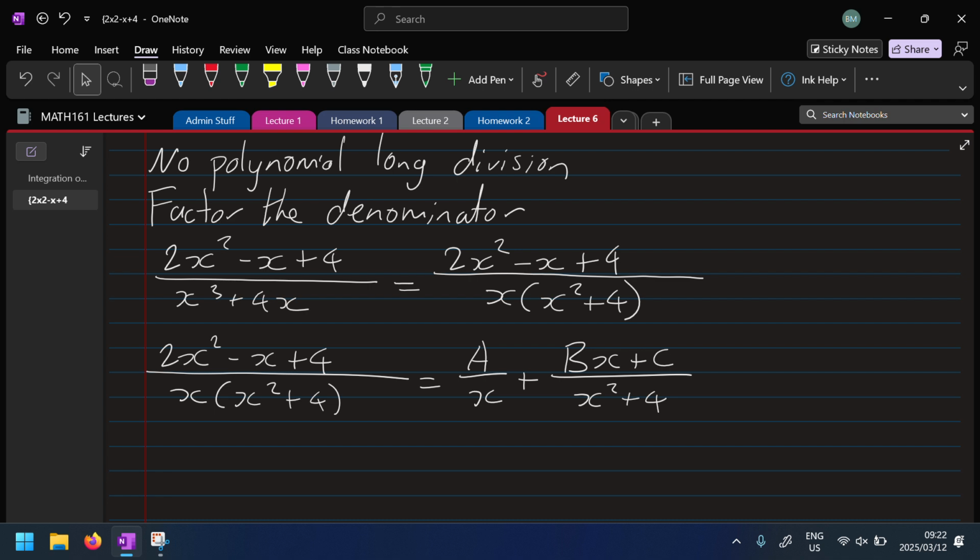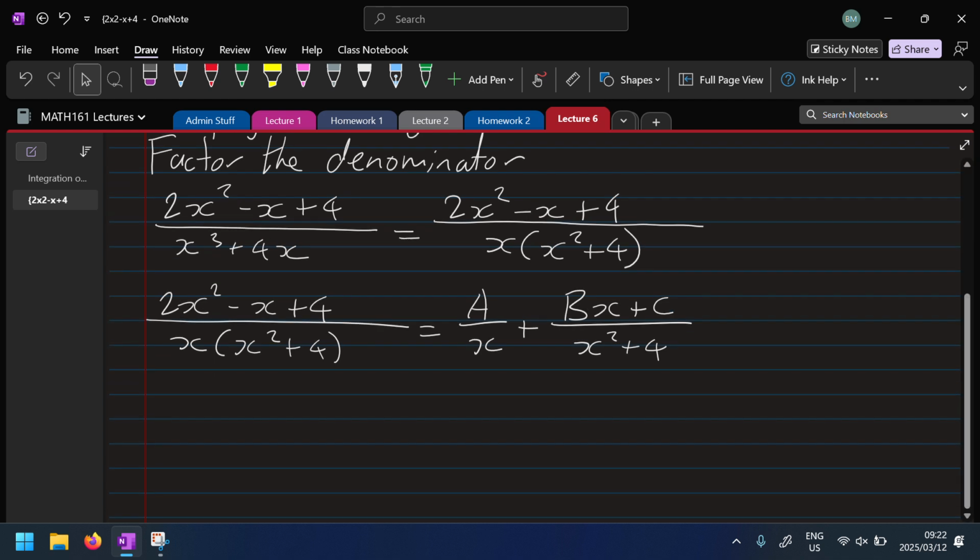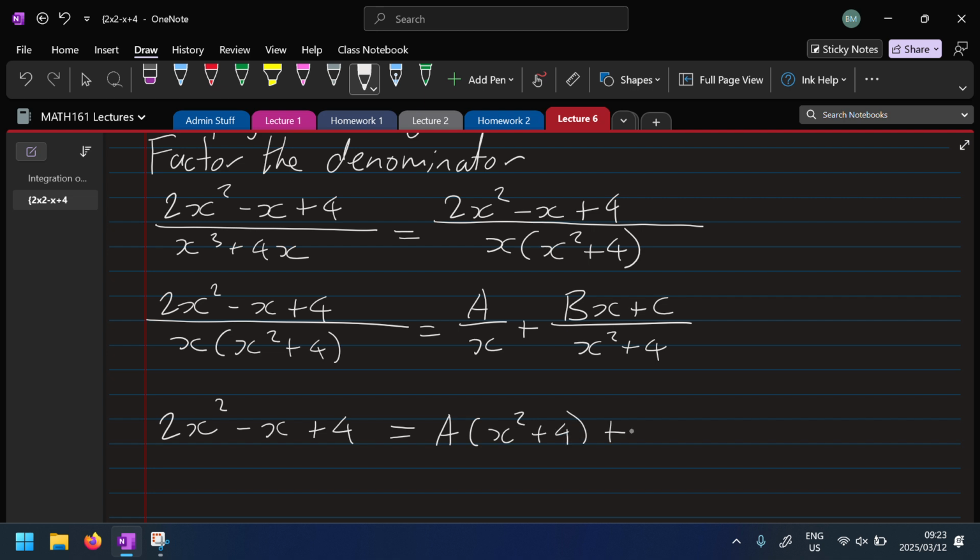So let's do that. So we clear out the denominator. We get 2x squared minus x plus 4 is equal to, the x and the x will cancel, so we're left with a(x squared plus 4). X squared plus 4 and x squared plus 4 cancel, and we're left with (bx plus c) times x.